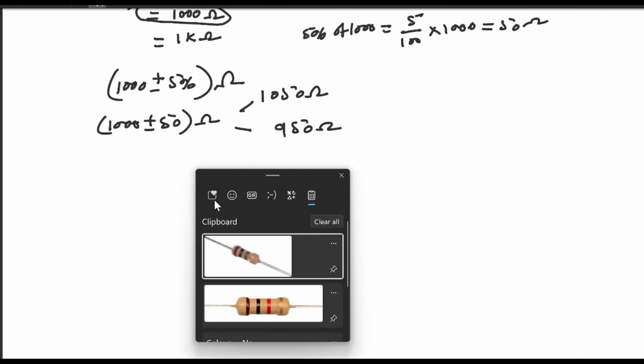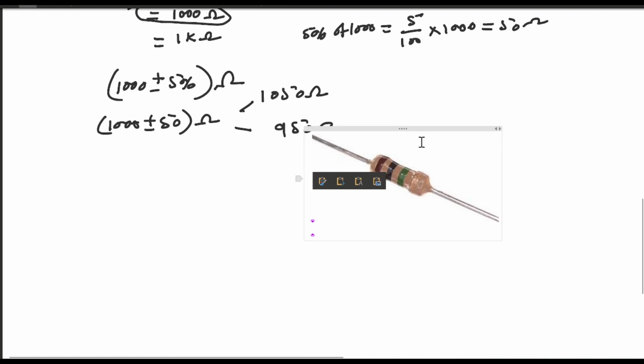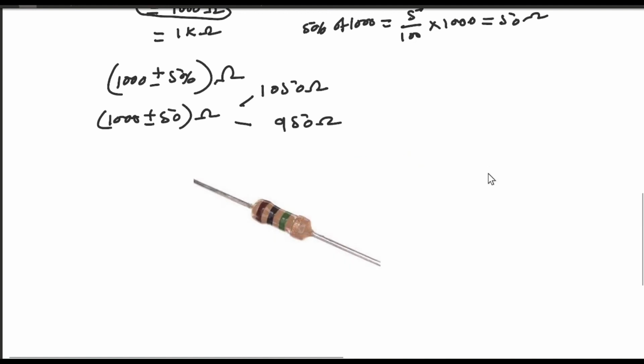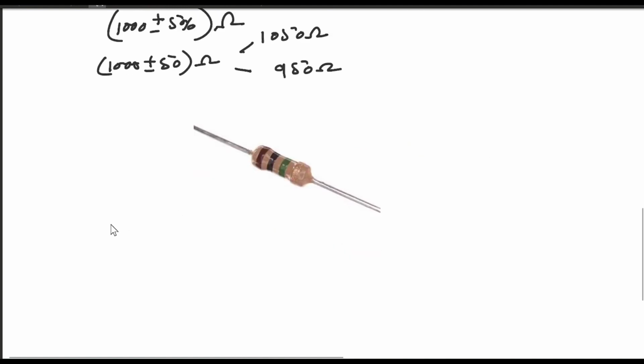Say I will consider another resistor, this one. Now if you see the colors here, the first color is brown, the second color is black, the third color is green, and the fourth color is golden.